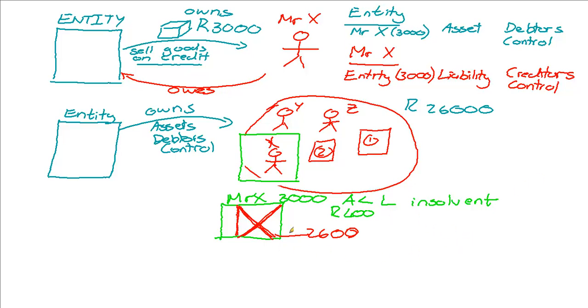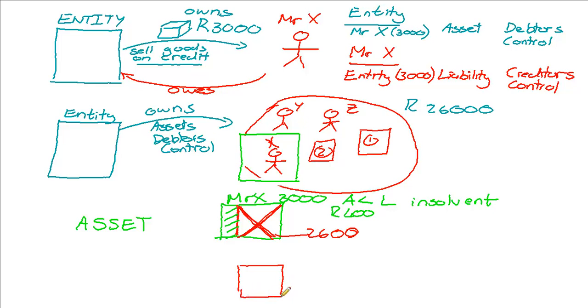So what are we going to do with this portion? First let's go to the original 3,000. The original 3,000 was an asset for the entity because the entity owned that. But now the entity no longer owns the full 3,000. In fact, it only owns this portion here, the 400, and the remaining 2,600 is kind of lost. It's gone.